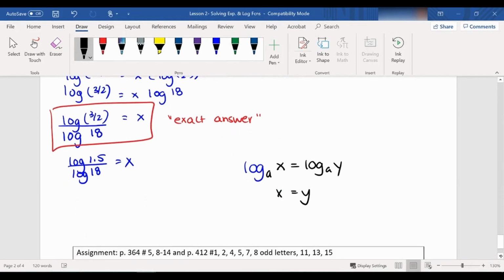If you have a to the power of x equals a to the power of y, then same thing, x must equal y. So if you have an exponential or a logarithmic equation where the bases are the same and there's only a single exponential or single logarithmic on either side, then you have this x equals y situation here.